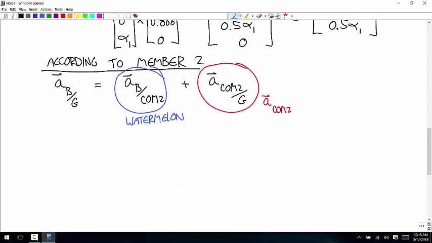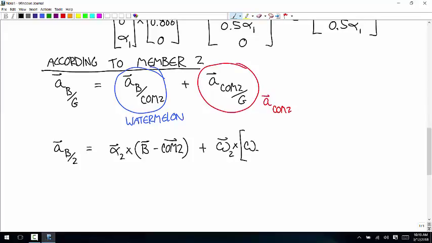Okay, so if we're just going to add these two things together, the acceleration of B, according to member 2, is equal to alpha 2 crossed with the vector that goes to B from the center of mass of 2, plus omega 2 crossed with the quantity omega 2 cross B minus the center of mass of 2.